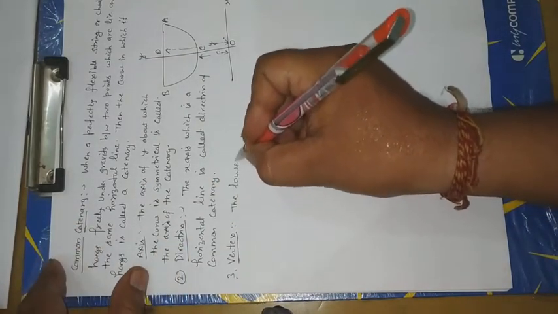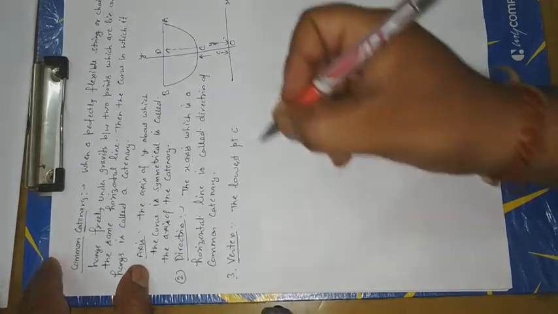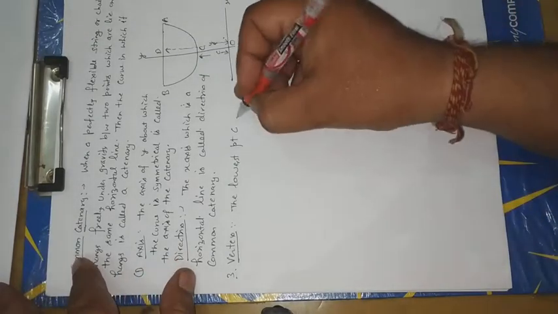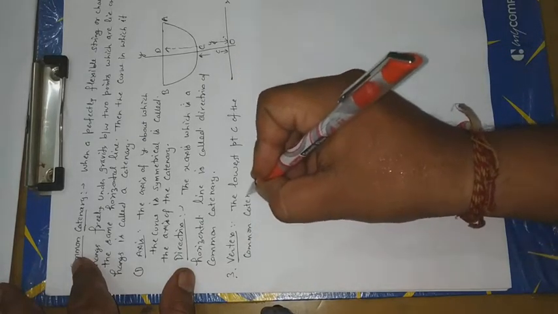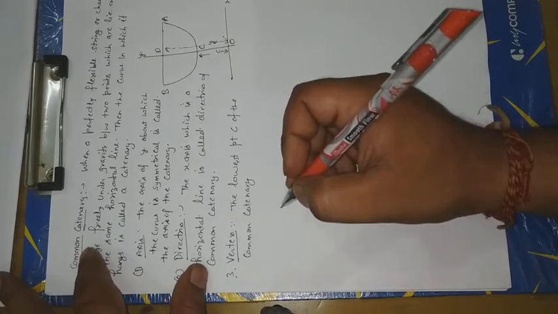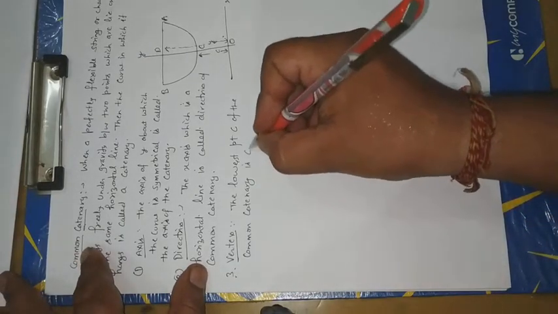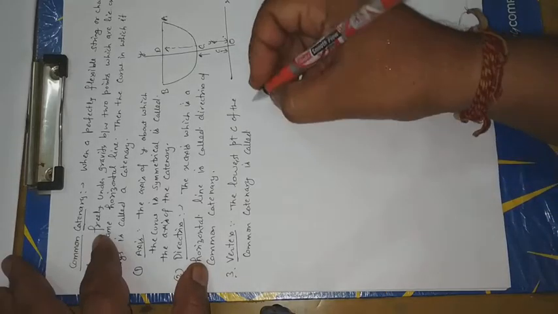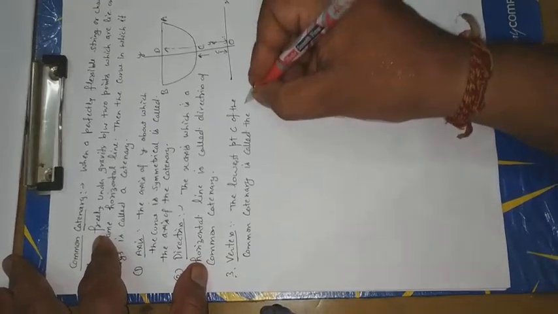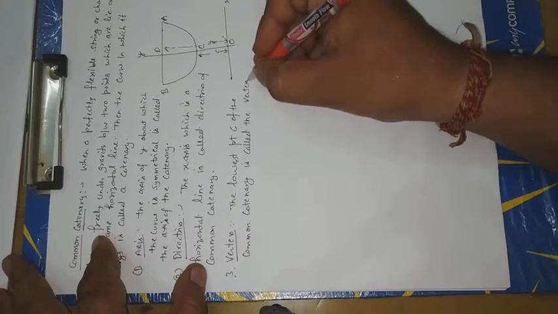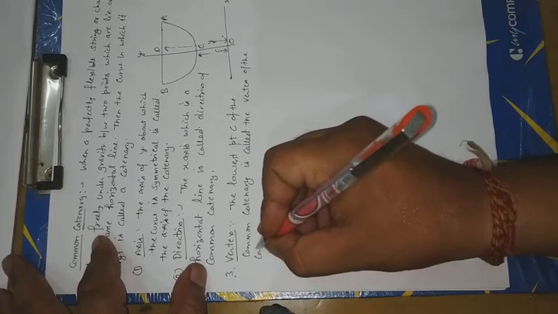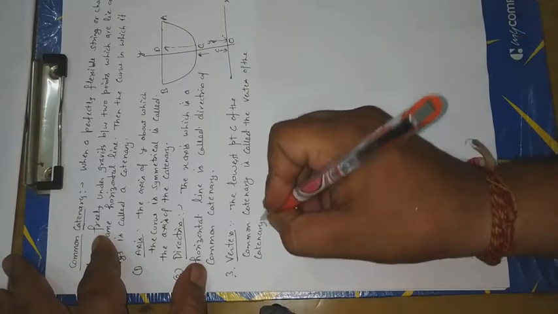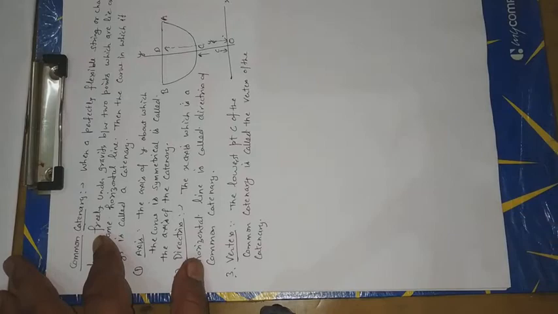The lowest point C of the common catenary is called the vertex of the catenary. Okay.